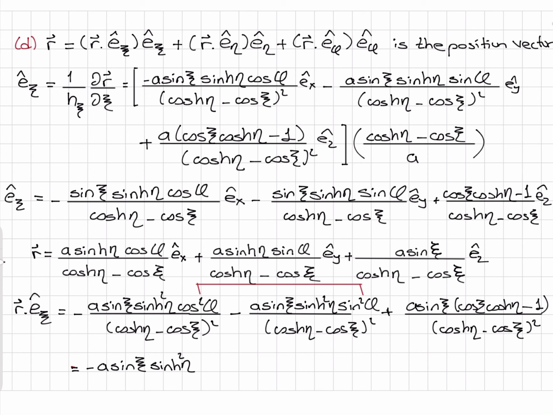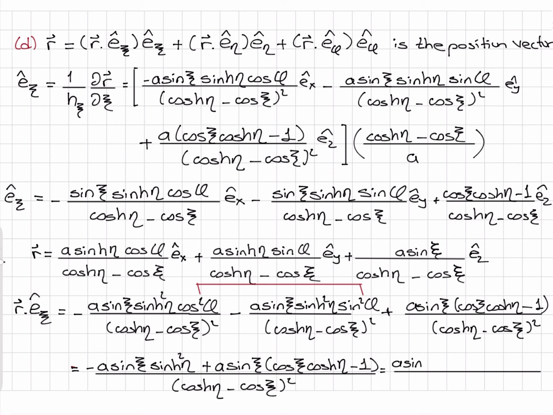And then I will have the z term A sine psi cosine psi cosine hyperbolic eta minus 1 divided by cosine hyperbolic eta minus cosine psi squared, because cosine square phi plus sine square phi is equal to 1.